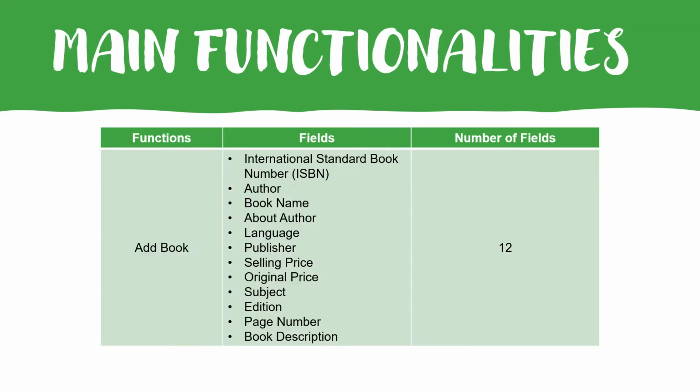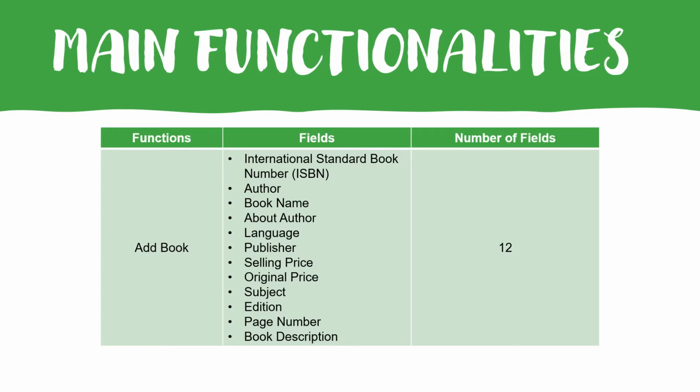The third function is the add book function. It allows the seller to add a book, and after the seller successfully adds the book, the book will be posted on the homepage to allow the buyer to look at the book and buy it.